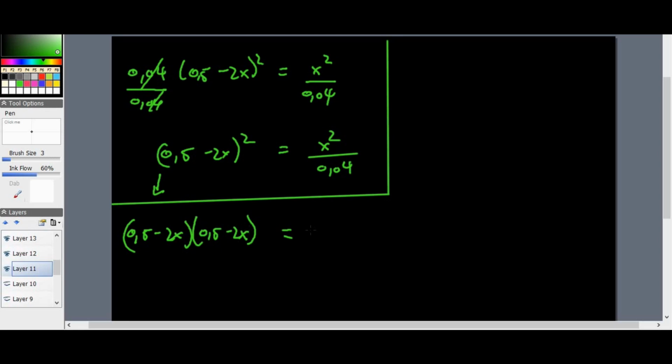So that's going to be 0,25 multiplied there. Then we're going to have 0,5 times 2, then minus x, plus 4x squared. So that's obviously going to equal 0,25 minus 2x plus 4x squared.